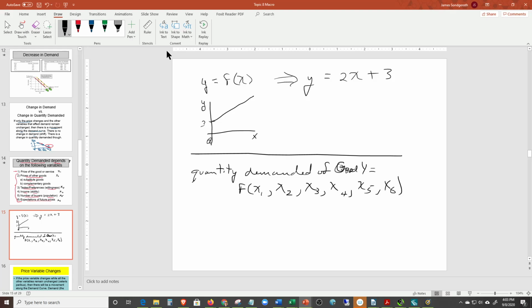So it's a function of all of these variables. And the only thing I wanted to point out is, obviously, let's say this one, which is, I believe, preferences. If it changed, obviously it would change the quantity demanded. So in a strict mathematical sense, any change of any one of these variables is going to change quantity demanded.